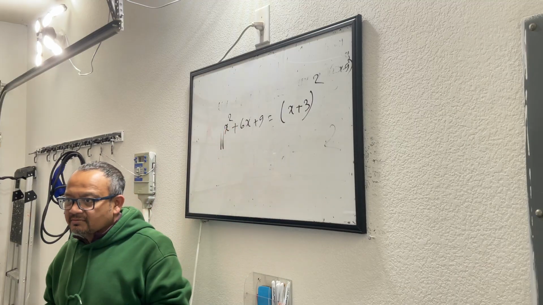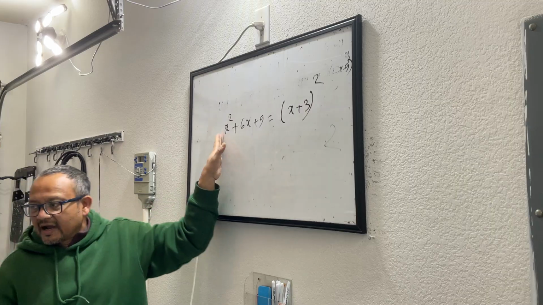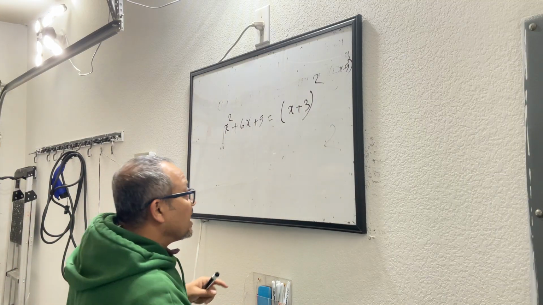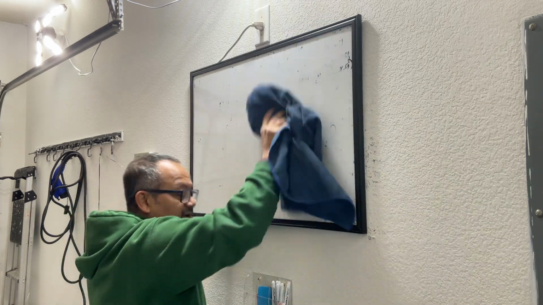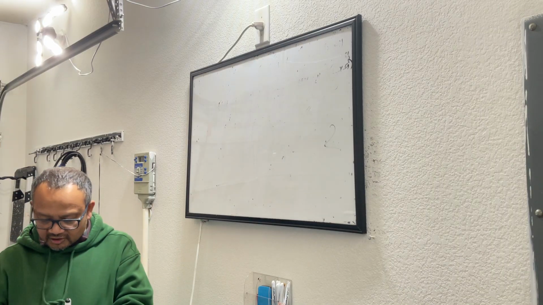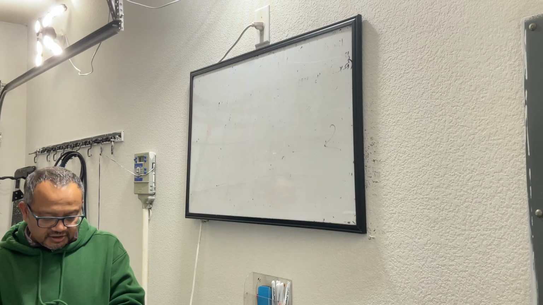Now we look at some problems and see if we are able to relate to it the way I described it. So let's look at some examples, some questions, and I would expect or assume full participation from everybody. Right or wrong answer doesn't matter. I need answer from you all when we deal with it. So let's look at the first problem that I have put here.